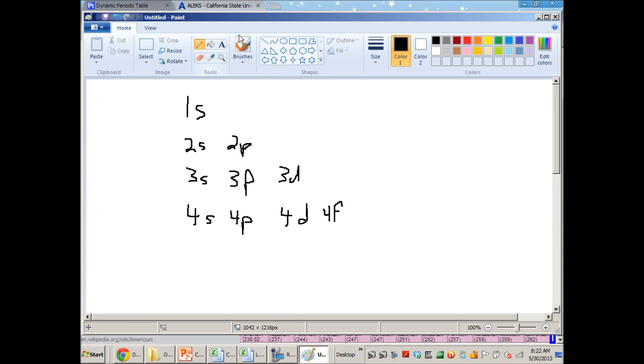So for that first row of elements, they fill the 1s orbital. For the second row, there's 2s and 2p, and that's when the p block stops, when these p are filled up. And then for the next elements, the third row, they fill the 3s and the 3p, but it's conceivable in bonding that the elements in that third row could somehow start accessing the 3d orbital.